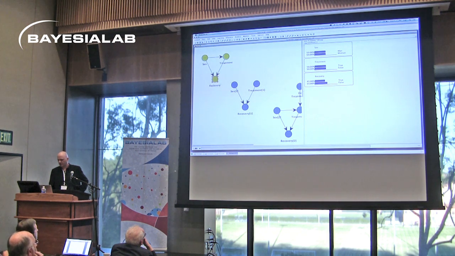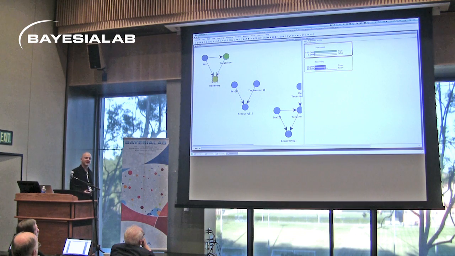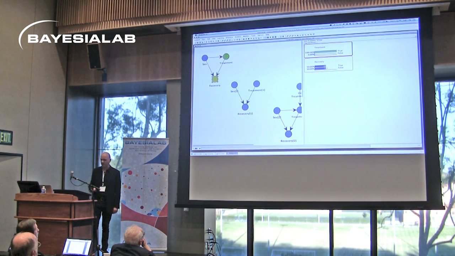If we naively want to compute the effect of treatment on recovery, let's suppose we have a study with just treatment and recovery, based on observational data. We just compute the difference between treatment equal false and treatment equal true. So we can see, oh, treatment allows me to increase by 10% the chance of recovery.